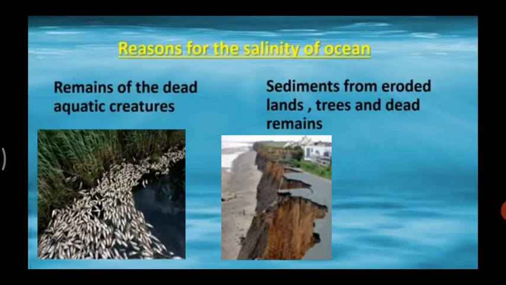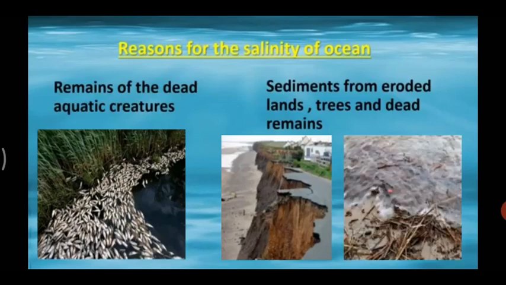Sediments from eroded lands, you can see it in the image. Then trees and dead remains which flow from rivers and finally come into the ocean. This can all lead to the salinity of the ocean, the saltiness in the ocean.